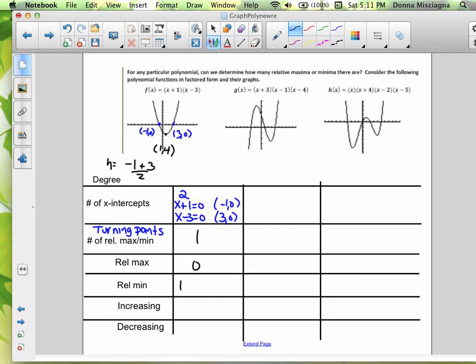That's 2 divided by 2, which is 1. If we plug 1 back in, we would have 1 plus 1 and 1 minus 3. So 1 plus 1 is 2, and 1 minus 3 is negative 2.